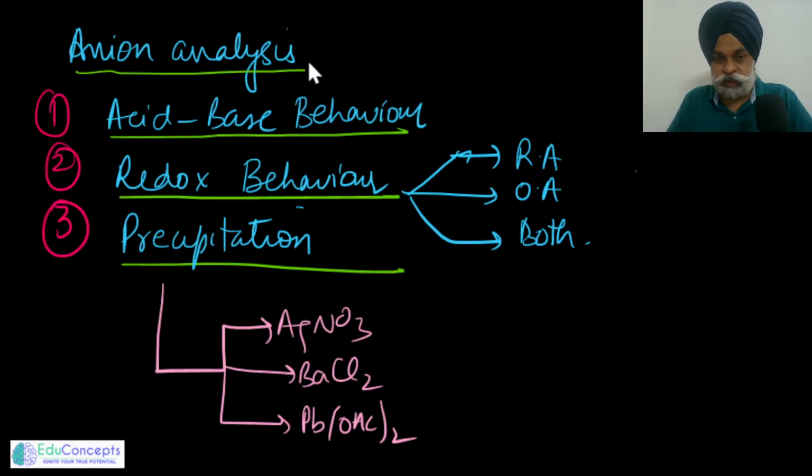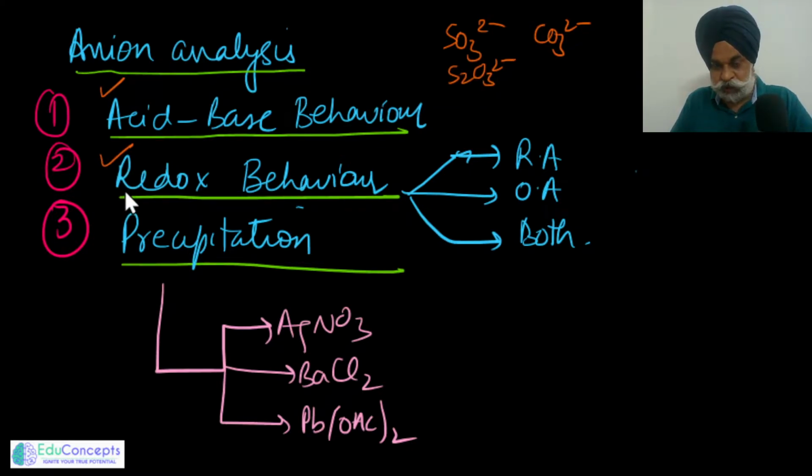In the last discussion we said that when you want to categorize the anions or the acid radicals into groups, you have to take into account three chemical behaviors. First, the acid behavior of anions: sulfite ion, thiosulfate ion or carbonate ion are basic species, they eagerly react with acids. Then we talked about the redox behavior.